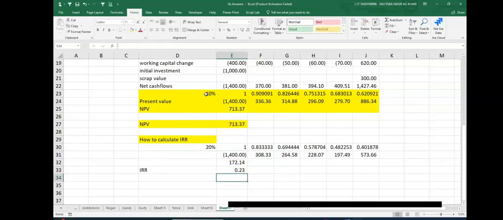So IRR is approximately 23%. But this is a very lengthy way.